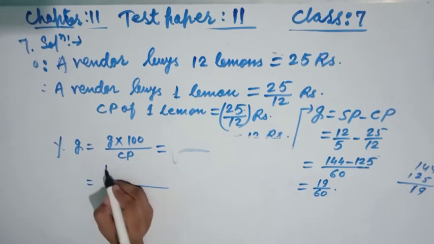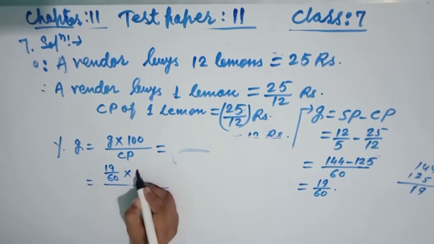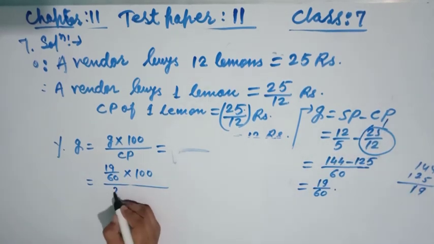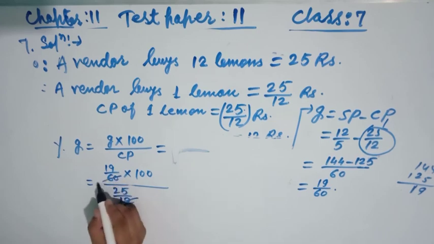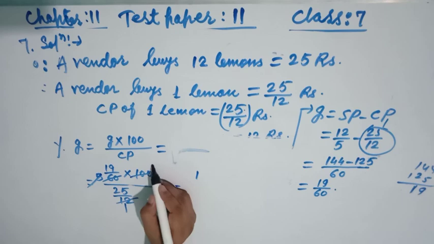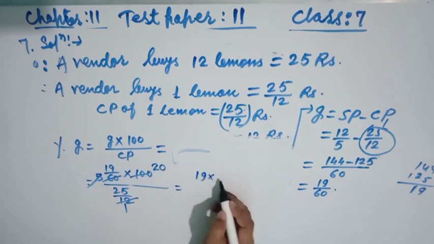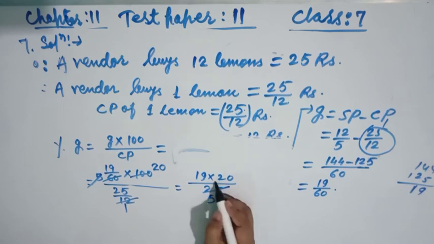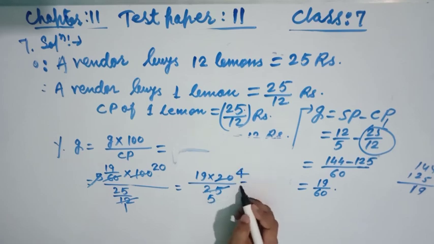Gain is 19 by 60, multiplied by 100, and the CP is 25 by 12. So here 12 goes into 12 once, and 12 into 60 five times. And 5 will get cancelled, 20 times, 19 multiplied by 20, divided by 25. 5 goes into 25 five times, and 5 into 20 four times.